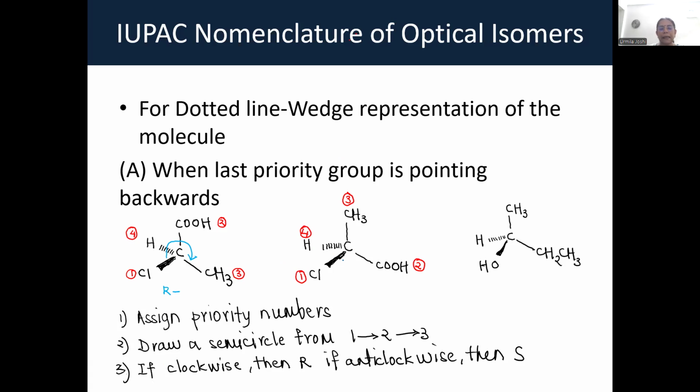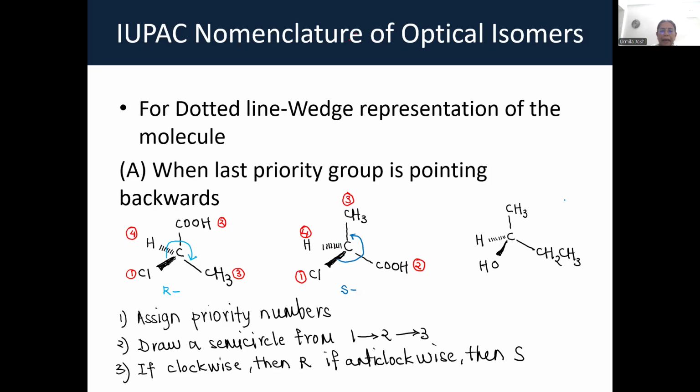So directly trace a semicircle from 1 to 2 to 3. Now, what is the direction of this semicircle going from 1 to 2 to 3? It is anti-clockwise. Can you see? This is anti-clockwise, and so this compound is termed as S.